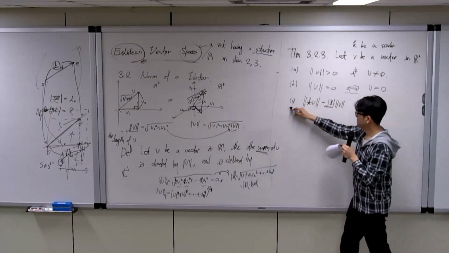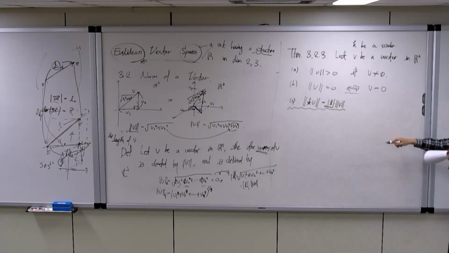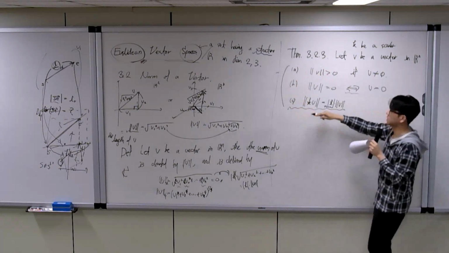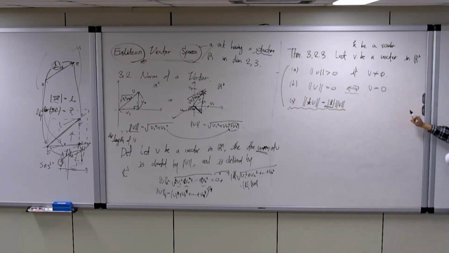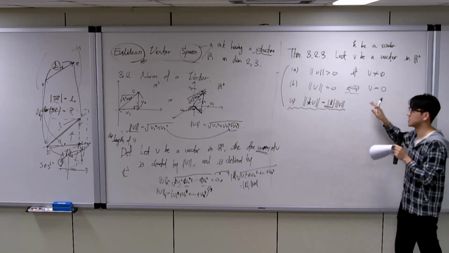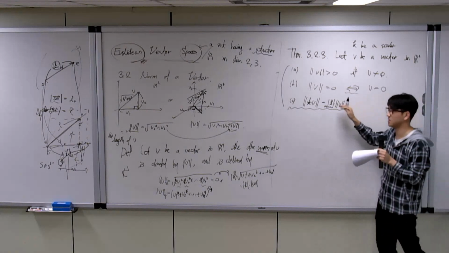So let's consider this property more, and I will explain one more. These three things, many mathematicians thought, are very important in a norm system.